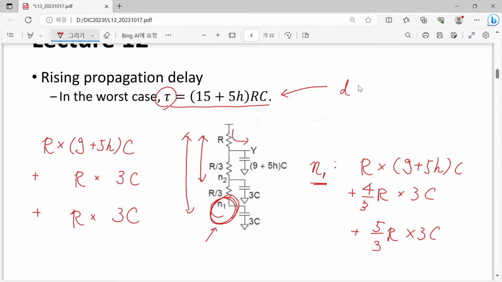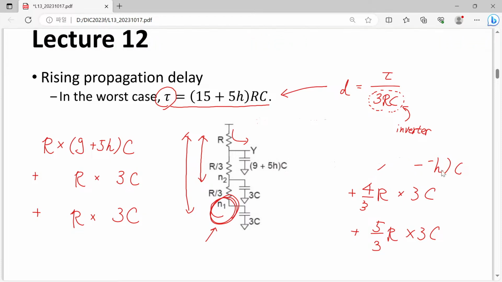So the normalized delay is the time normalized by 3 times RC. But why is that 3 times RC? That is the time delay of a unit inverter, the simplest circuit or simplistic gate we can imagine.